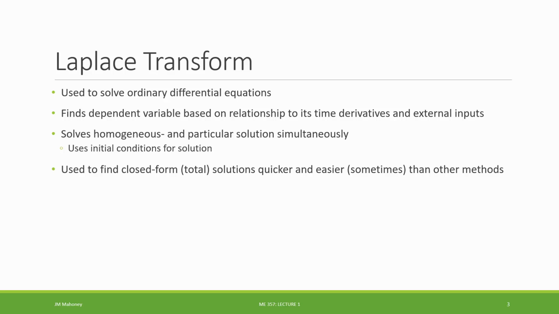It's going to depend on what the forcing is if it's a non-homogeneous equation, but oftentimes it can be quicker and easier. So kind of the basics of what we're doing is we're going from our time domain, that's our original independent variable, time, in our ODE, and we are going to the domain of frequency, this S. So we're going from this T to this S.